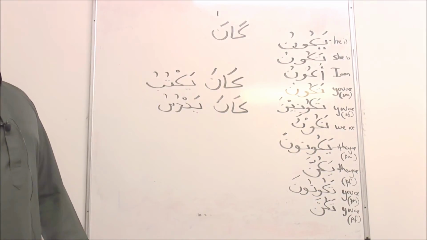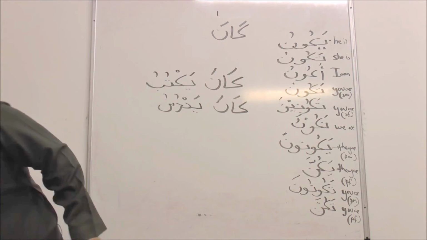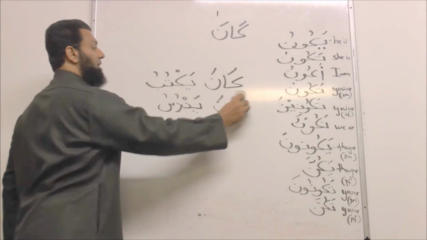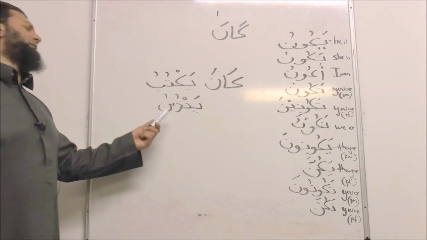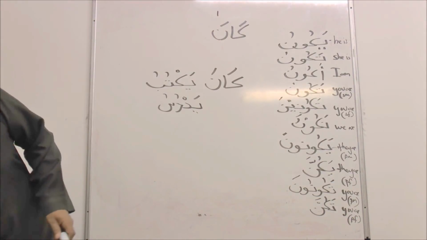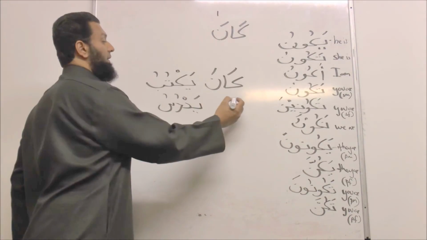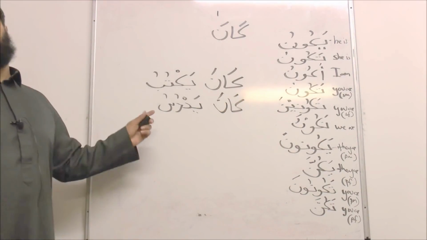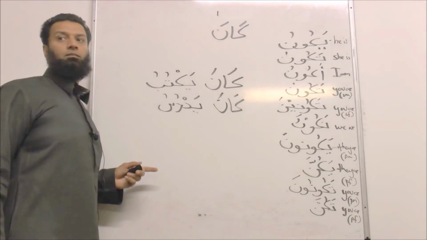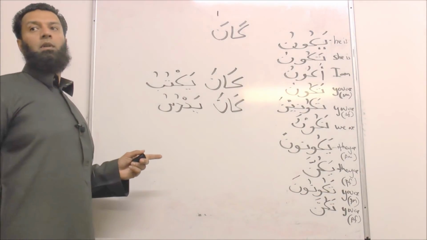Kaana yadrusu. If we just said yadrusu by itself, it would mean he's studying. If we put Kaana before it, it changes it to he used to study. He used to study. Right?